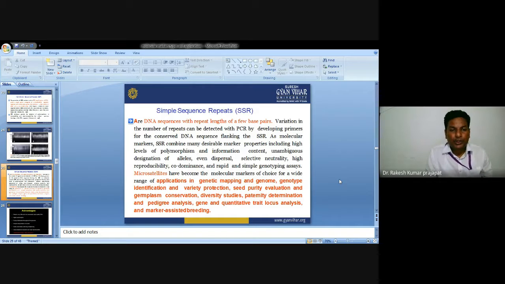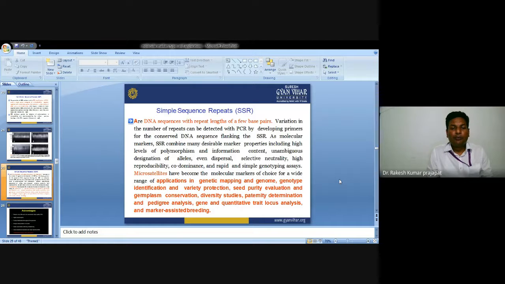Now simple sequence repeat. Our DNA sequence will have repeats a few base pairs long. Variation in the number of repeats can be detected with PCR by developing primers for the conserved DNA sequences flanking the SSR. As molecular markers, SSRs combine many desirable marker properties, which include a high level of polymorphism and information content, unambiguous designation of alleles, even dispersal, selective neutrality, high reproducibility, codominance, and rapid and simple genotyping. Microsatellites have become the molecular marker of choice.